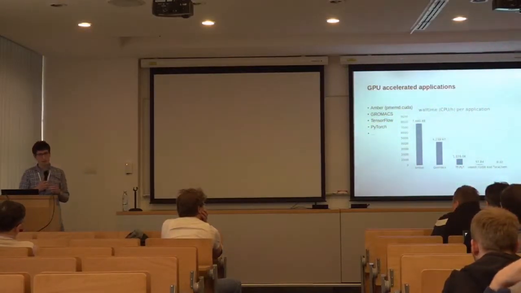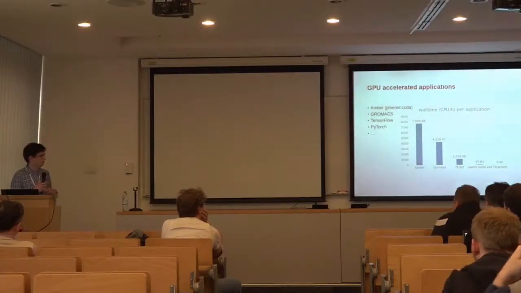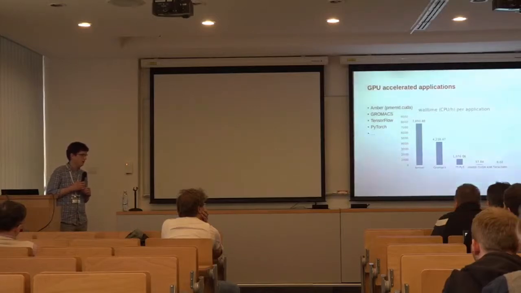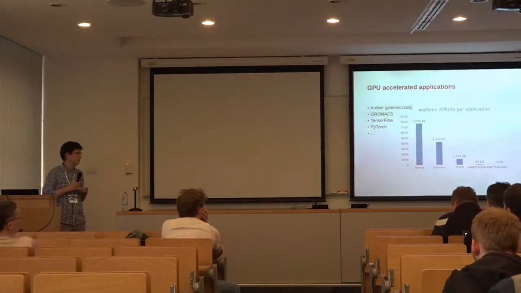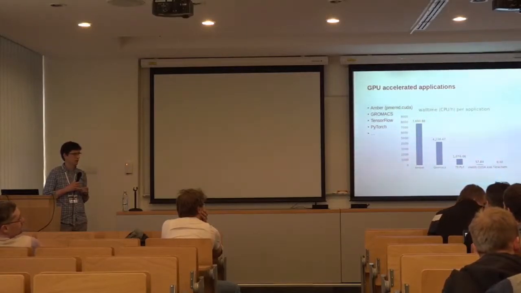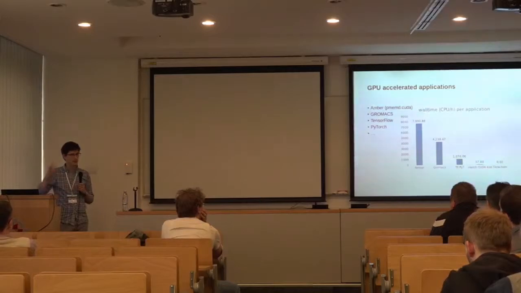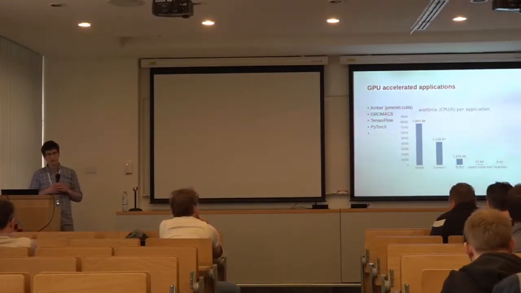As far as whether I'm expecting these numbers to flip or the categories to move around, I don't think so in the near future, but we'll see. Amber, we have a lot of Amber users, and they stack their jobs, like they run 100 of them in the queue, and then they go away for 2 weeks.